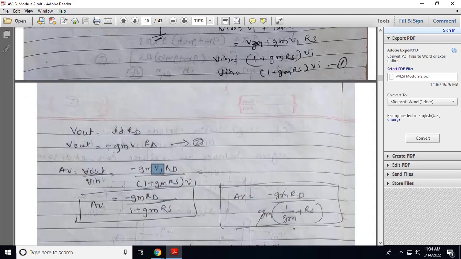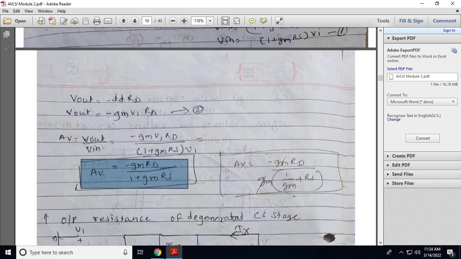So this V1 will get cancelled. So AV is equal to minus GM into RD divided by 1 plus GM RS.